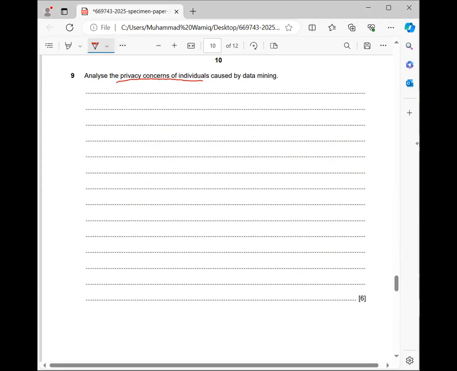So I need to write in terms of individuals. So first of all, what can be the privacy concerns of individuals by data mining?